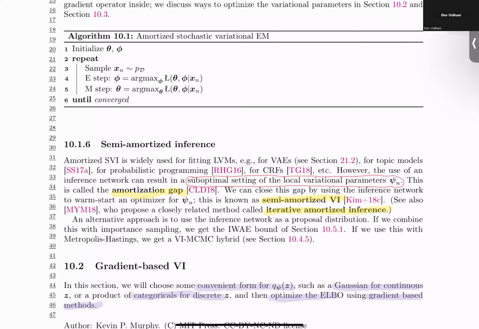So there are techniques called semi-amortized inference, where instead of estimating phi and theta at the same time, you have a warm-up cycle, and you essentially warm up for phi early on, and then start the amortization step. That is the amortization gap that you may induce because of the optimization you did in algorithm 10.1 to reduce the number of cycles for estimating the psi through phi.